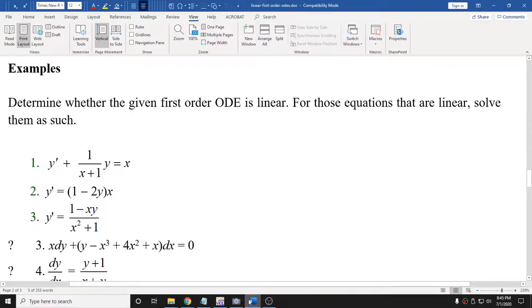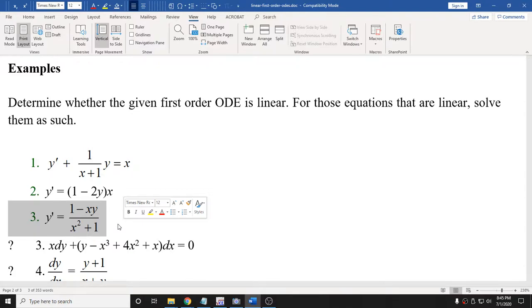All right, let's do one more example and look at number 3. So could this be a linear equation on the variable y? Well, let's see. In number 3, y prime equals 1 minus xy over x squared plus 1. I would like to bring this y together with the y prime to see if it fits the frame.